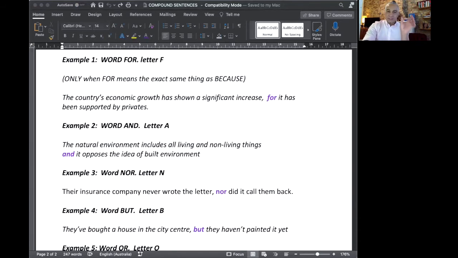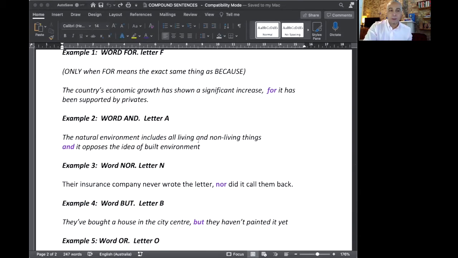I'll read the whole sentence first, the complete sentence, then I will divide it into the 2 sentences and I will mention the conjunction. Okay, so I'll use the same order of FANBOY to organize the concept of that device in your brain.